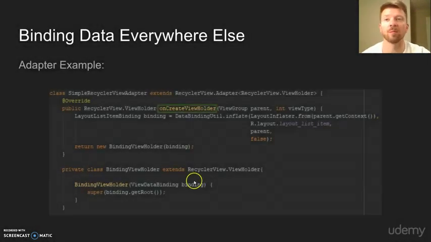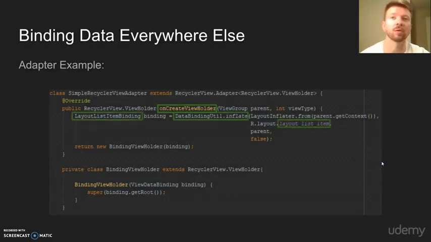An adapter example. So onCreateViewHolder is where we want to inflate, like we would normally in the adapter. And here again we call the inflate function on the DataBindingUtil class with the inflater, layout ID, and the parent, and we get our binding back.